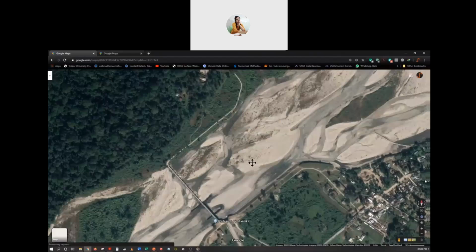The actual specification of this embankment will depend on the discharge, the river width, and lots of other factors. On this side also, we can provide the same kind of embankment, which will prevent erosion of the river. That means from this point up to some point in the downstream, we need the cross-section of the river to be stable.